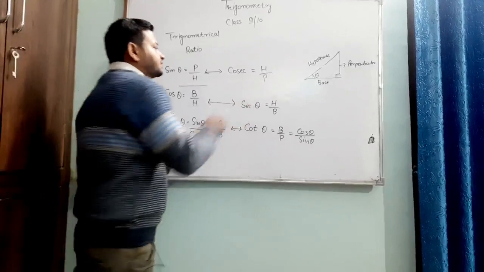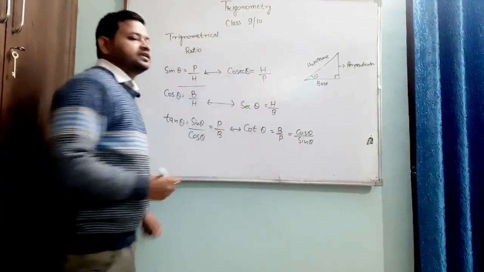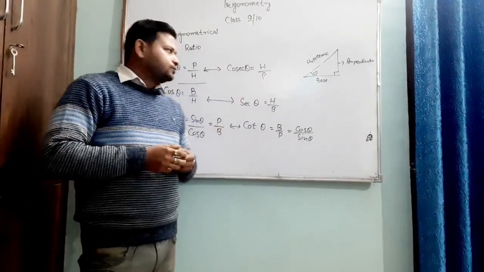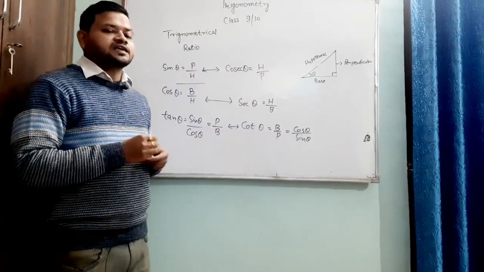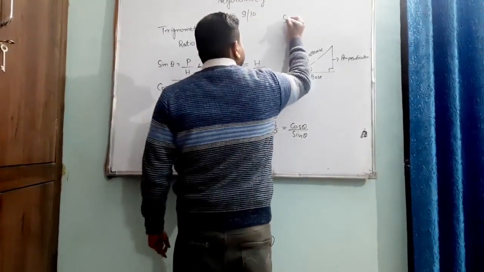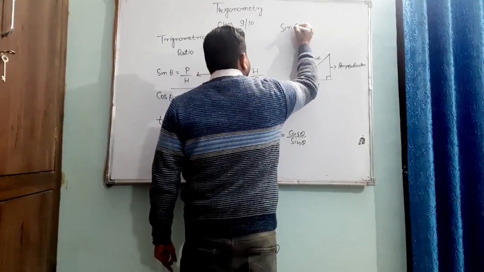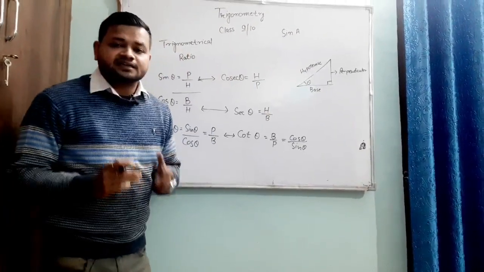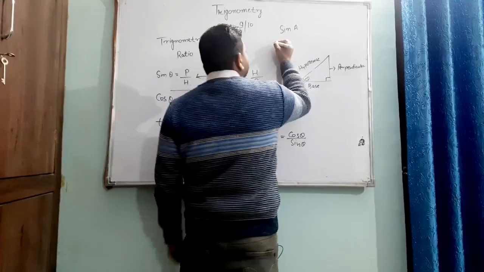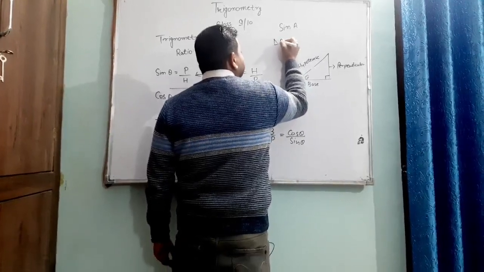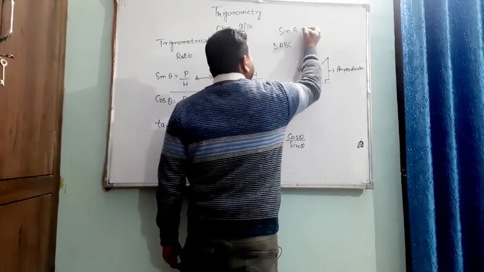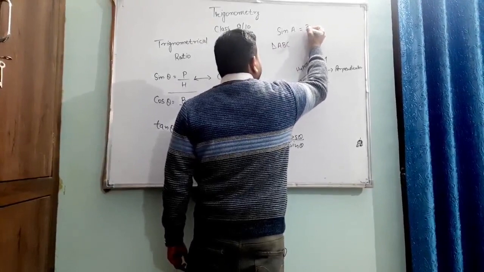Another thing: many times in questions we are not given theta, we are given something like sin A or sin B or sin C. Suppose sin A is given in a right angle triangle ABC, with sin A equal to, suppose, 3 by 5.